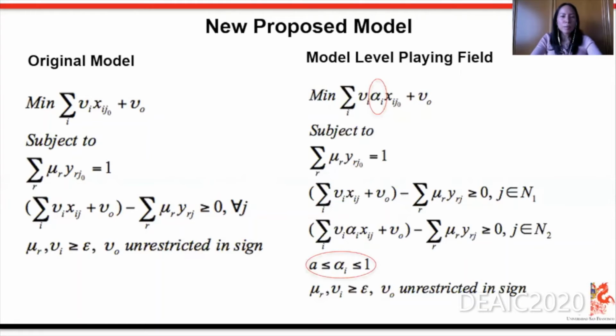In other words, we might claim that a portion 1 minus alpha of the input is dedicated to coping with an unaccommodating environment. Here, alpha is treated as a decision variable lying in a prescribed range, a to 1. Let us refer to a as the reduction parameter.